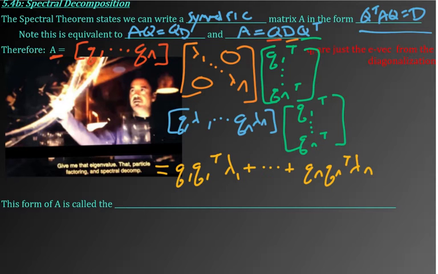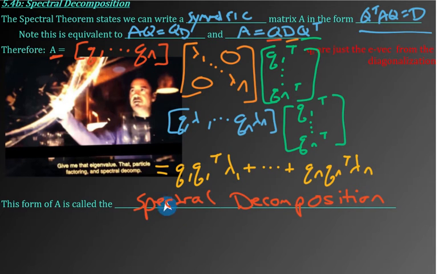Okay, so this right here is what we call spectral decomposition. It's just Q1 times Q1 transpose, and then times lambda 1, plus Q2 Q2 transpose times lambda 2, and so on.